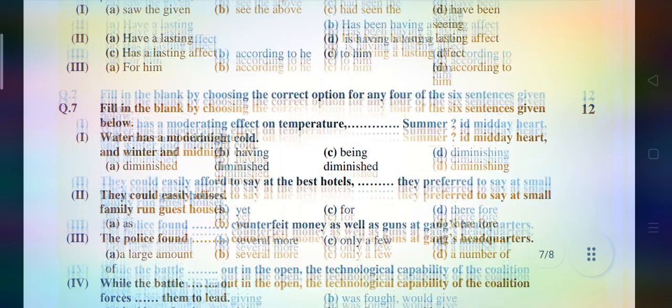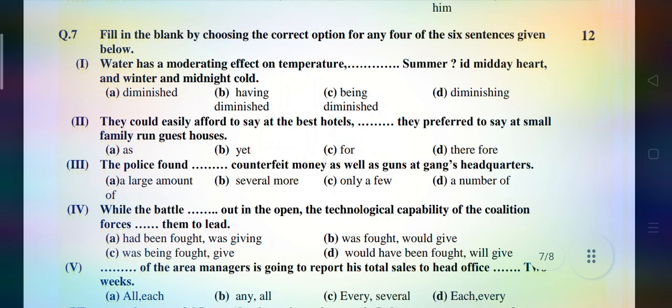Now seventh question, that is fill in the blanks by choosing the correct option for any 4 of the 6 sentences given below. Water has a moderating effect on temperature. Summer, midday hot, and winter and midnight cold. Diminished, having diminished, being diminished, and diminishing.